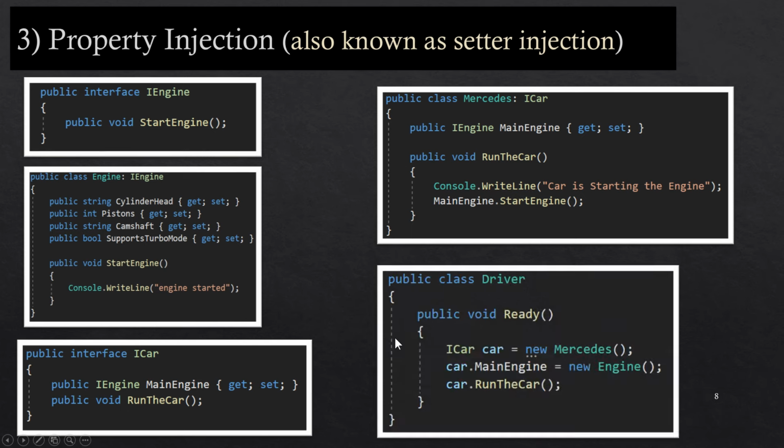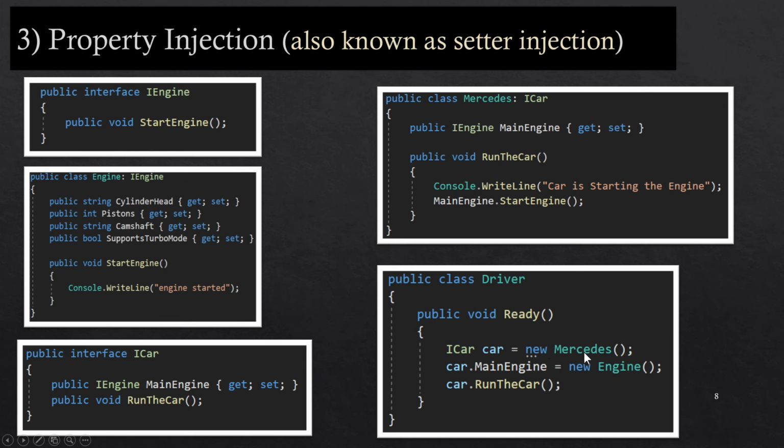Now in the driver class, which is our actual class where we use things, we have created an interface iCar, and it can have any of the cars. So again, this is the advantage of using dependency injection, that here we can have any car.